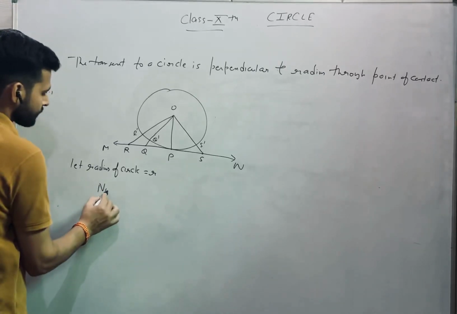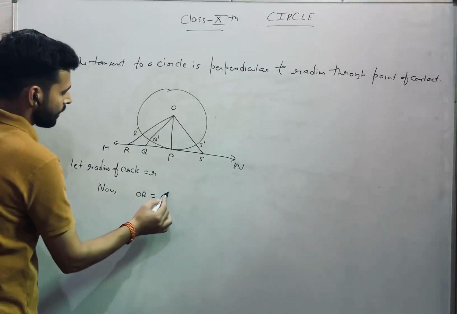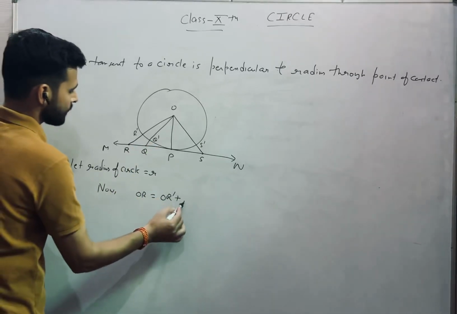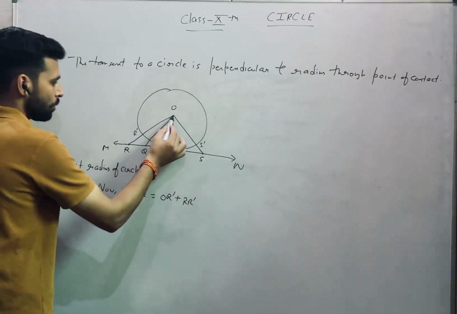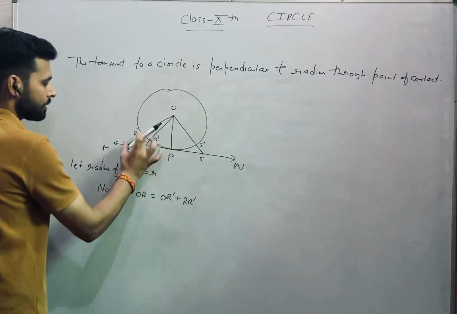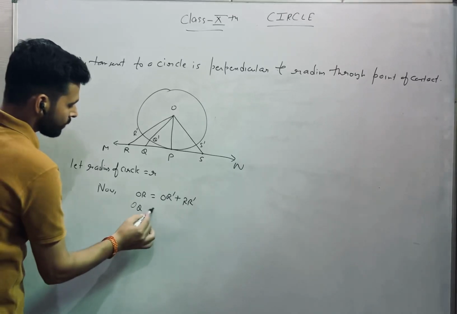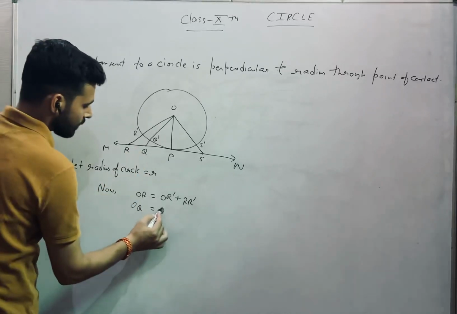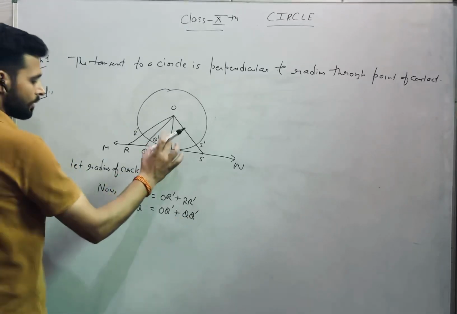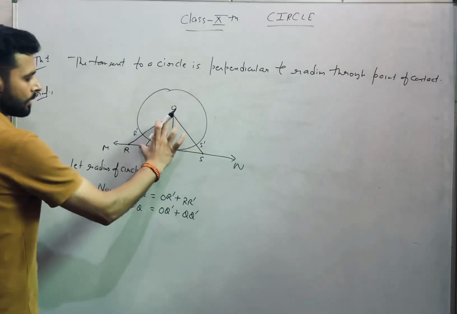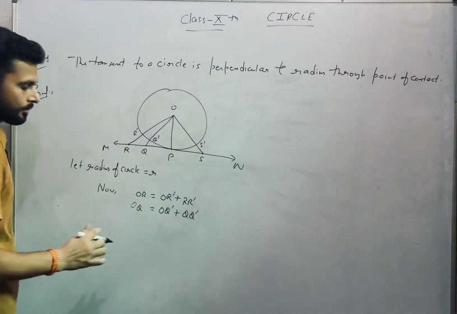Now we can write OR as OR dash plus RR dash. Similarly, OQ can be written as OQ dash plus QQ dash.